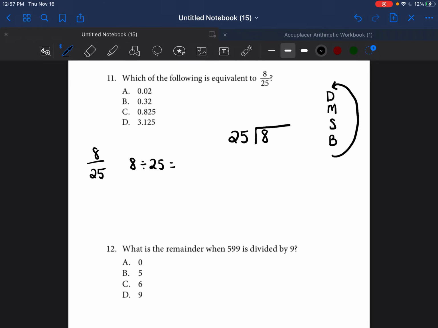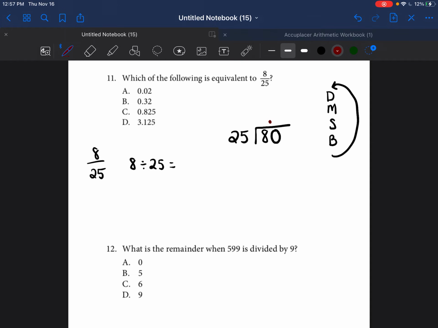So the first step is to divide. Well, 25 can't go into 8, it's too small. So if I want to add a 0 to this, I can make it into 80. But the catch is that if I add a 0, I need to add a decimal place on top where the answer is.